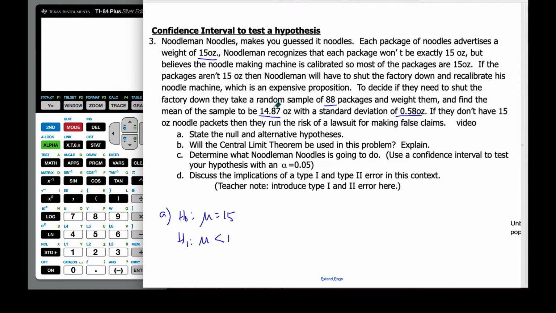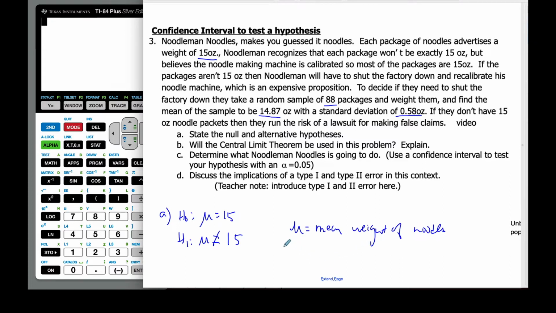So the alternative is mu not equal to 15 ounces. Here are our null and alternative hypotheses, and mu is equal to the mean weight of noodles.